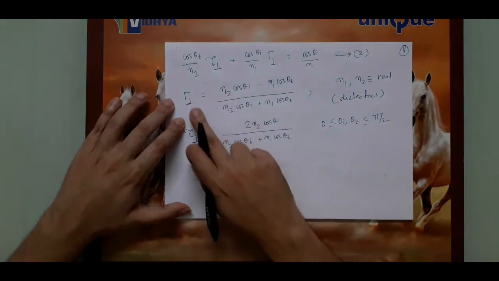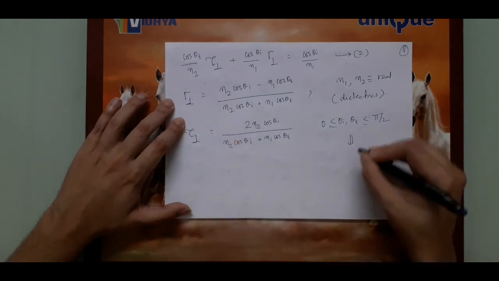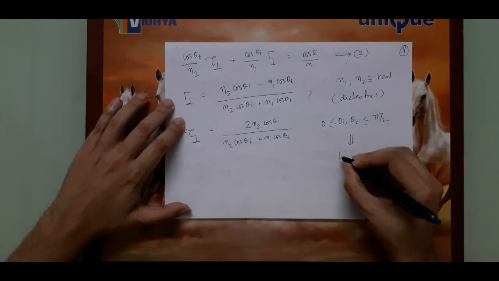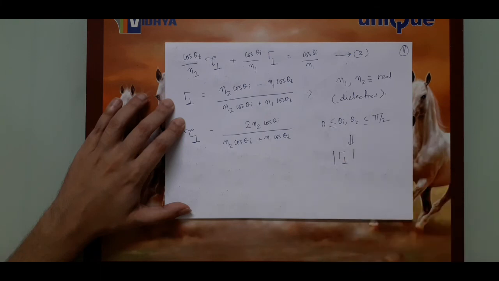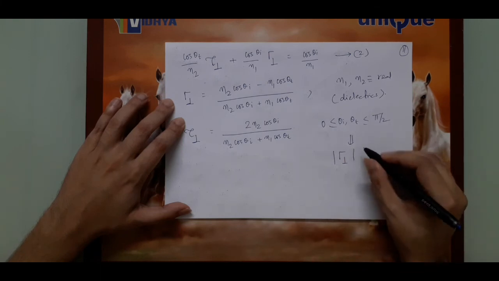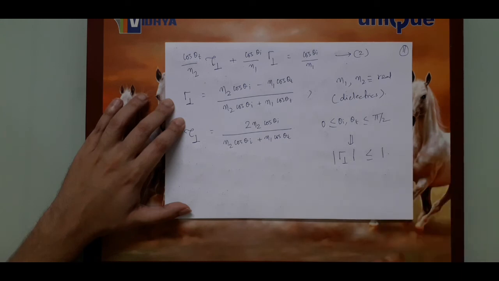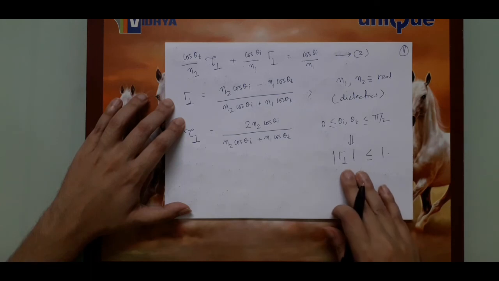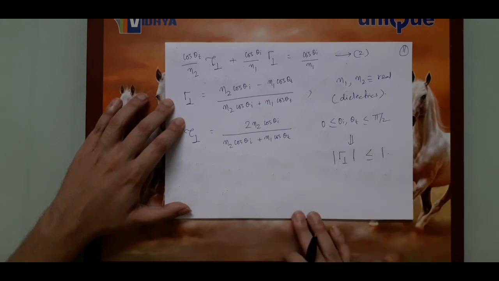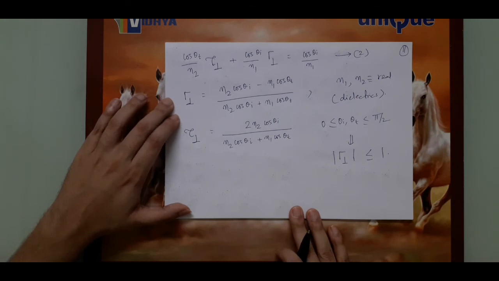Therefore, I can say that the magnitude of gamma will be less than or equal to 1. As we know, the value of the reflection coefficient is always less than 1. You cannot reflect back more than what you are transmitting.